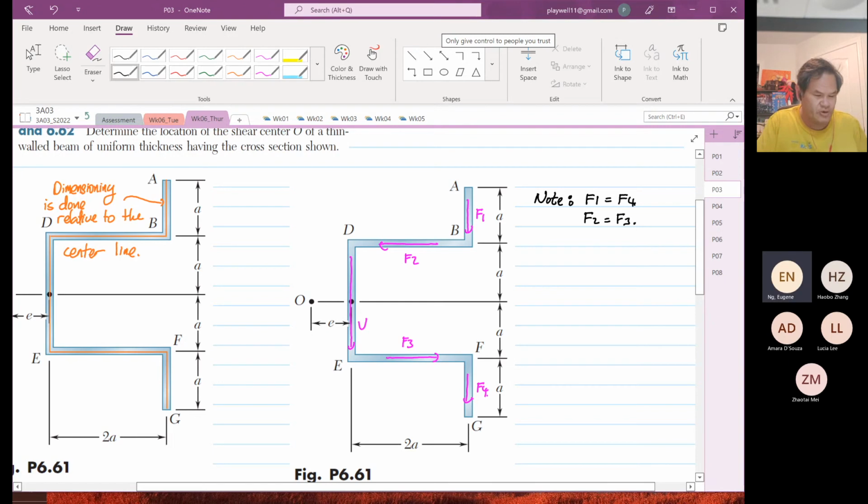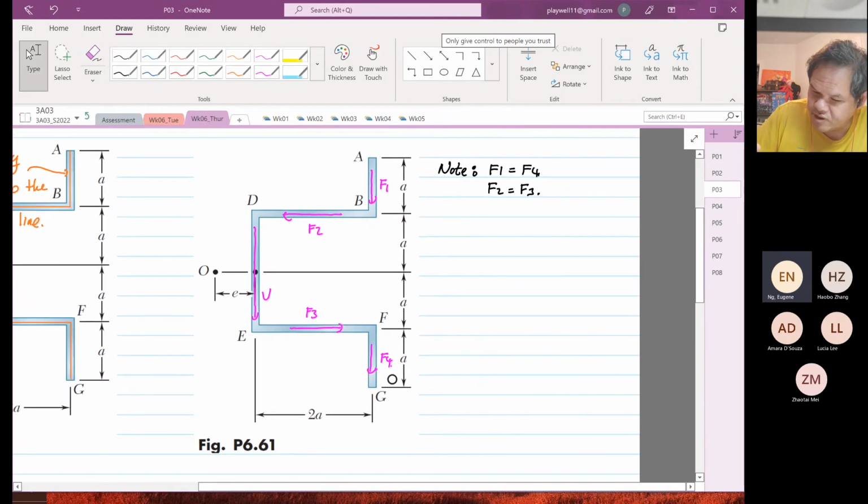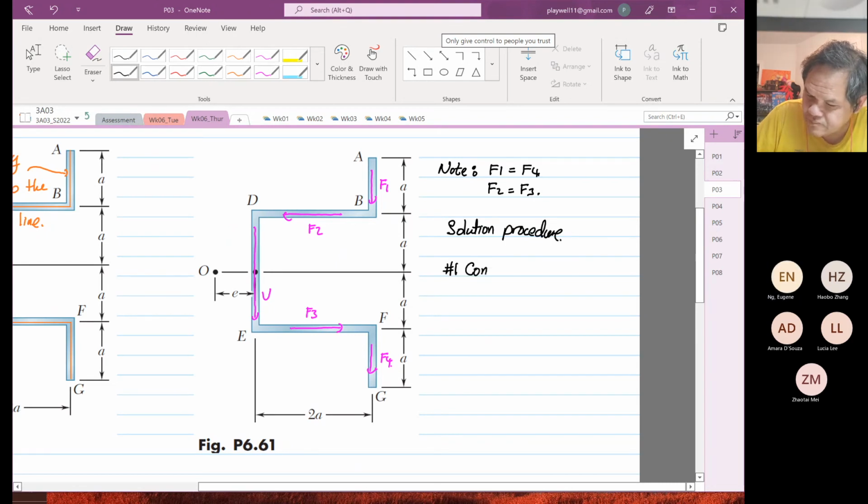So the next thing that we are going to do is determine the second moment. Let me write for you the solution procedure first. Number one, construct the shear flow.